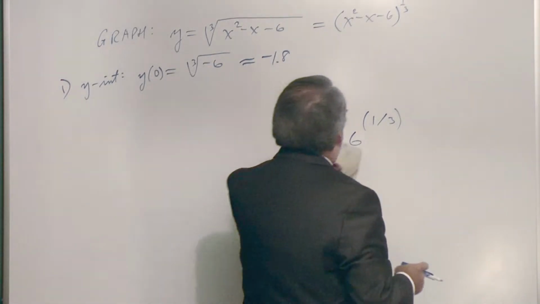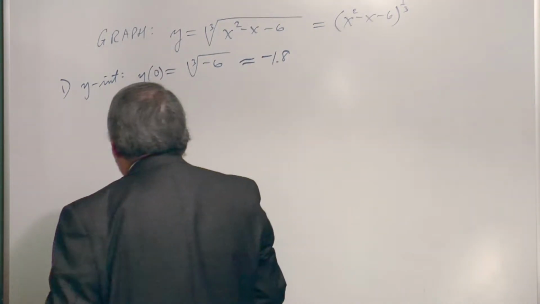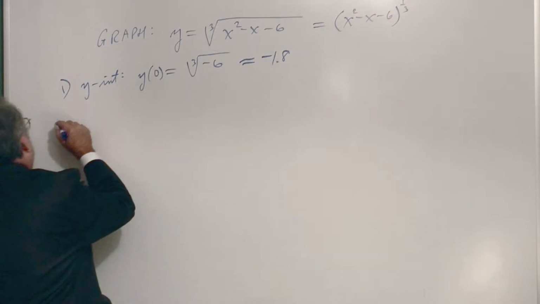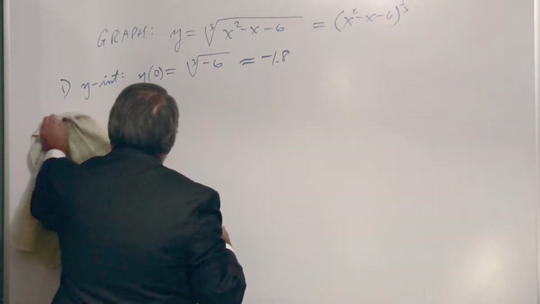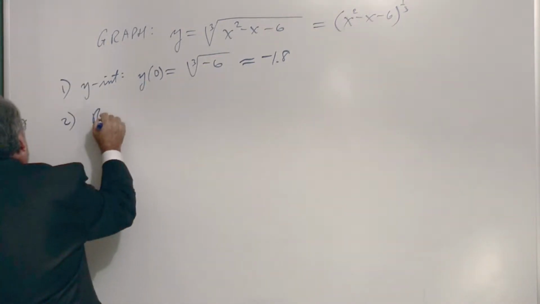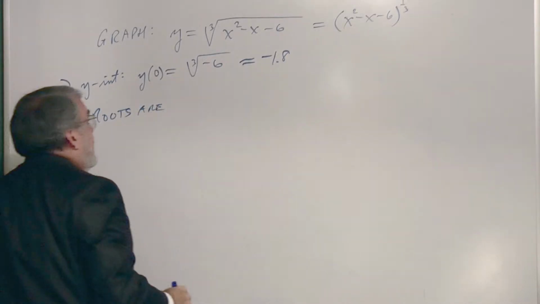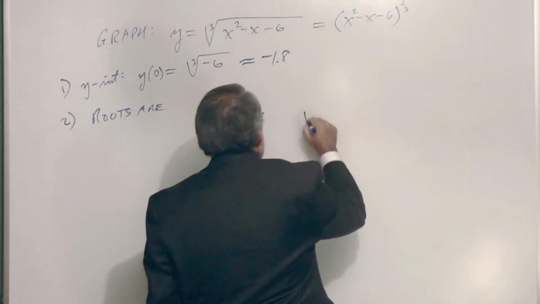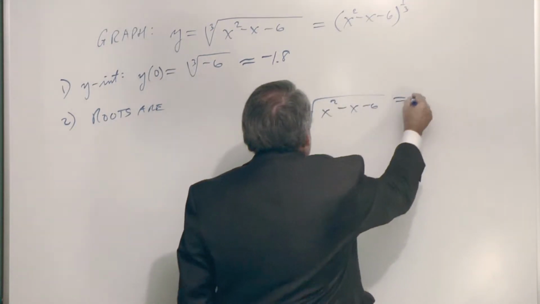All right, well, that was fairly easy. What about x-intercepts? Okay, the roots. The roots of the equation are the x-intercepts. So to get the roots, we set the function equal to 0.